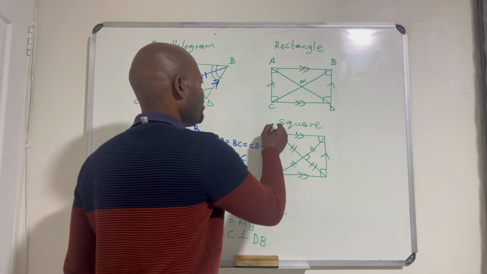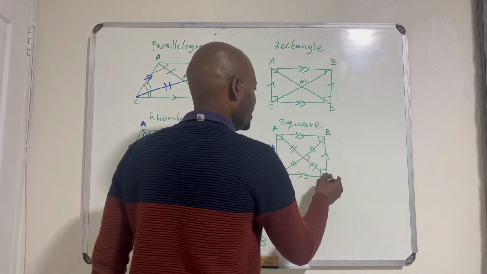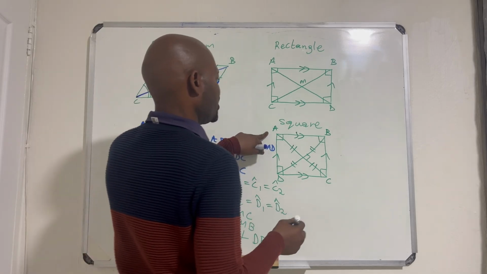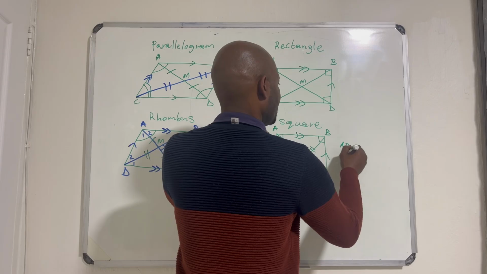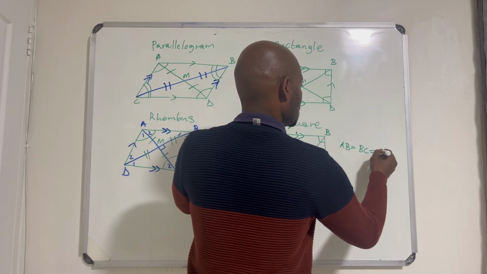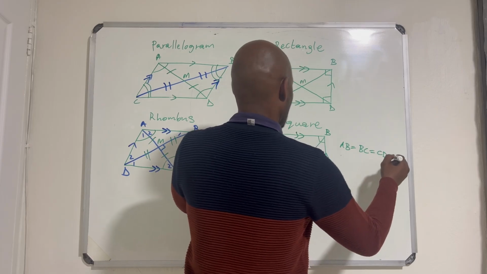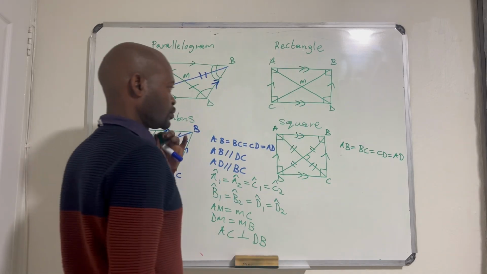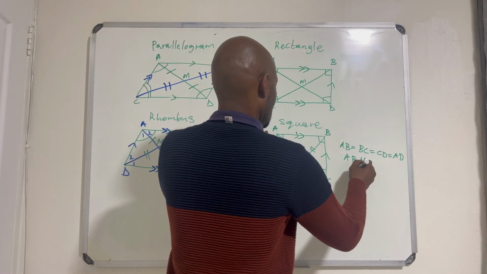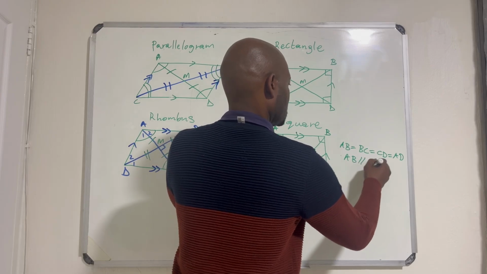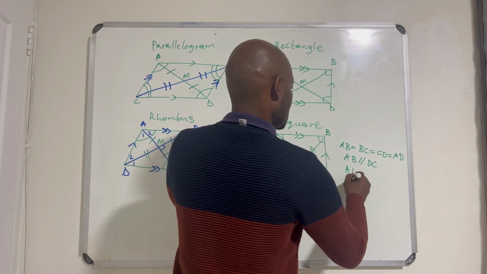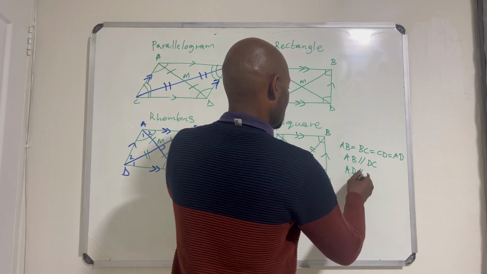If I have, for example, A, B, C, D, the properties of a square: we know AB equals BC equals CD equals AD. Also, AB is parallel to DC, and AD is parallel to BC.